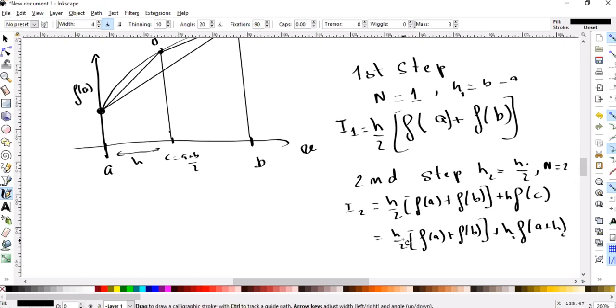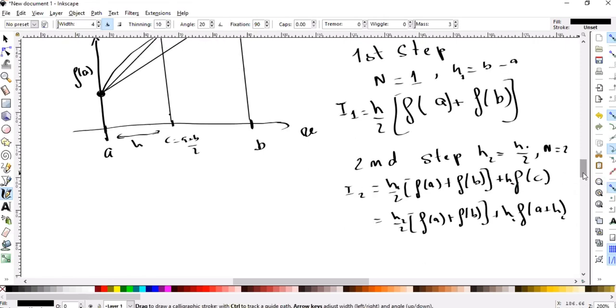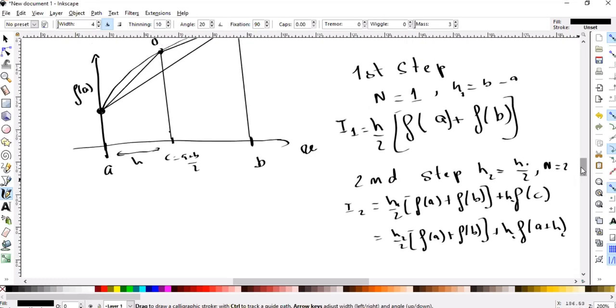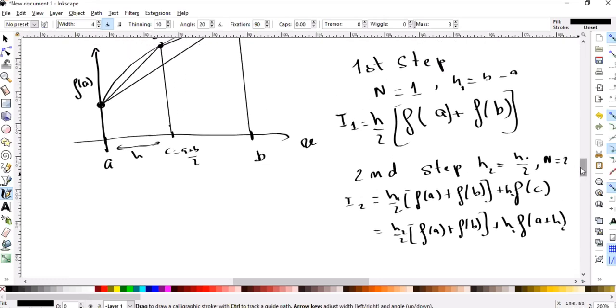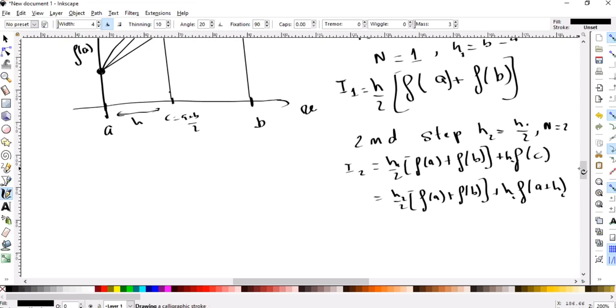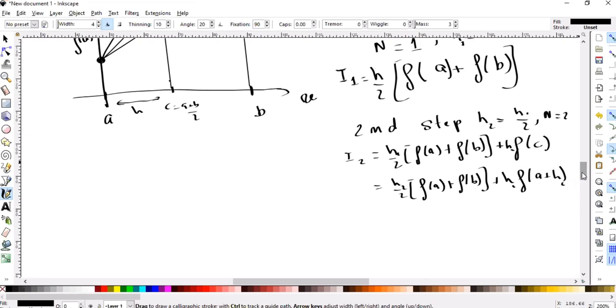Now in the program, I will not write H2, I will just write H equals H over 2, so the new H is the previous H over 2. And the same thing, we will write N equals 2N.